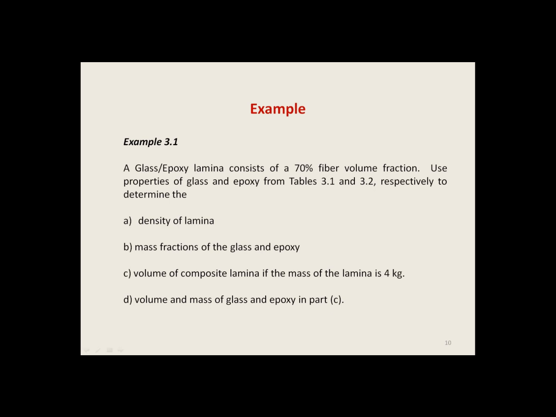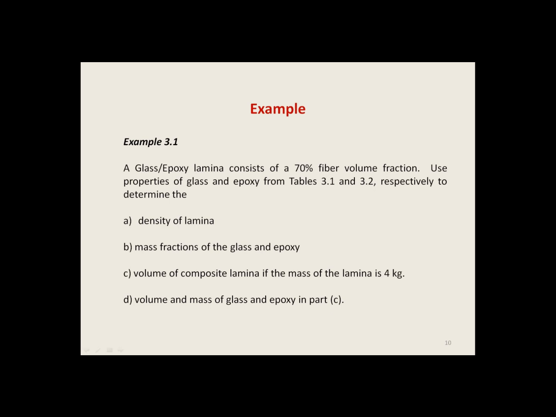One thing I want to emphasize is that we have used 70% fiber volume fraction, and we have kept this constant in all the examples which we are going to solve in this particular module. For the different properties of glass and epoxy, we have to use the tables which I will discuss in the next slides.